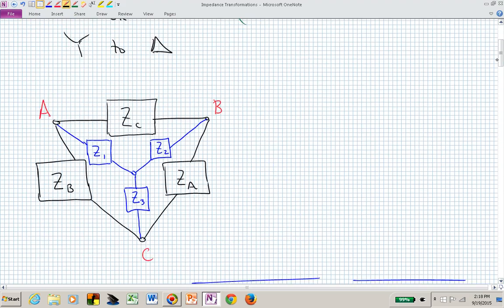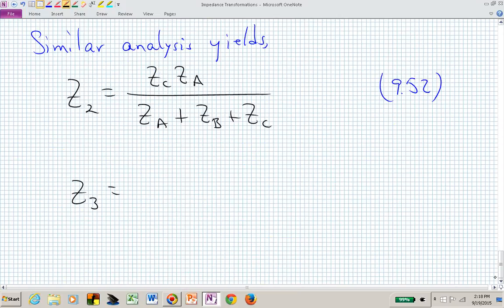we now see that Z sub 3 is touching the C terminal, and the impedances touching that terminal in the delta configuration are Z sub A and Z sub B. We form their product and then divide by the sum of those three delta impedances.